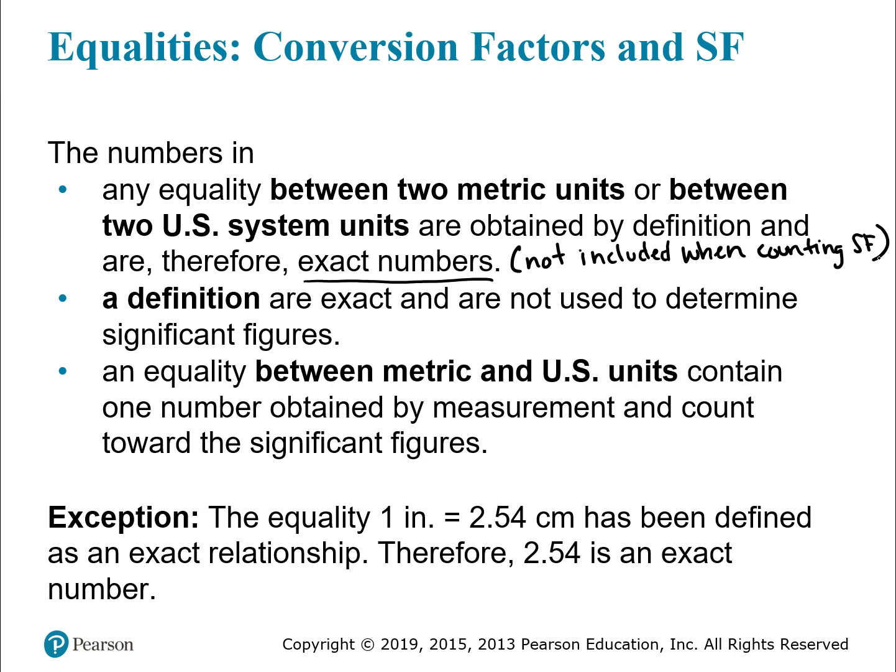The numbers in an equality between metric and US: one number is a measurement. The other number is not. So the number obtained by measurement counts towards significant figures. Example being 2.20 pounds is equal to 1 kilogram.